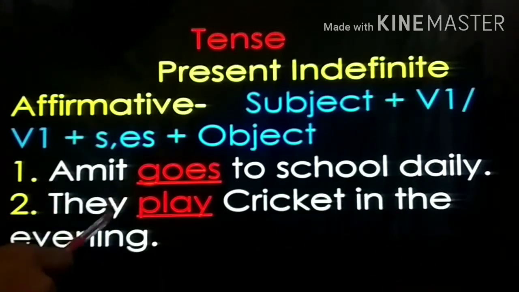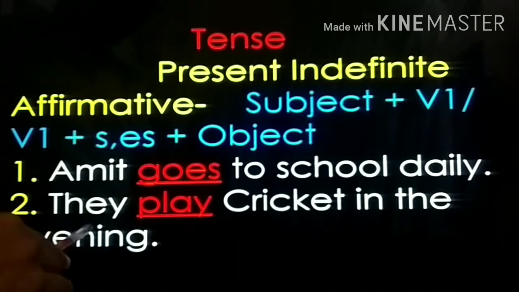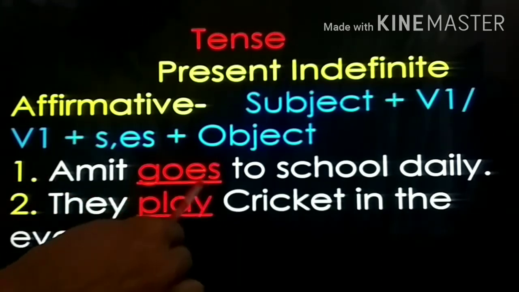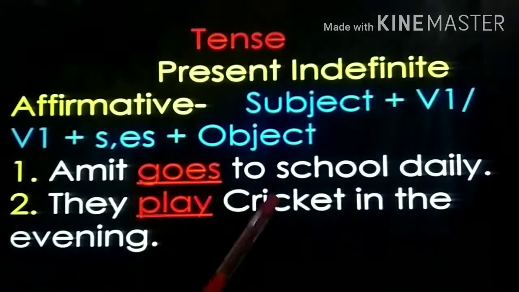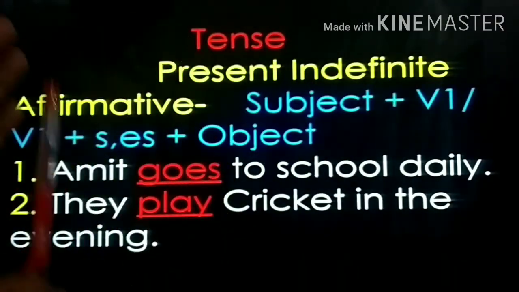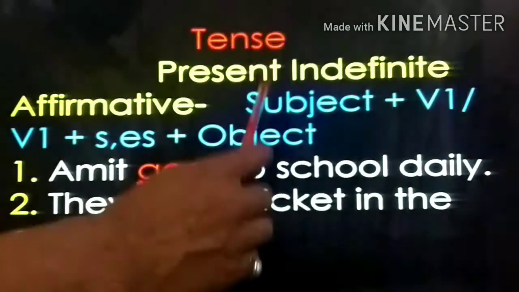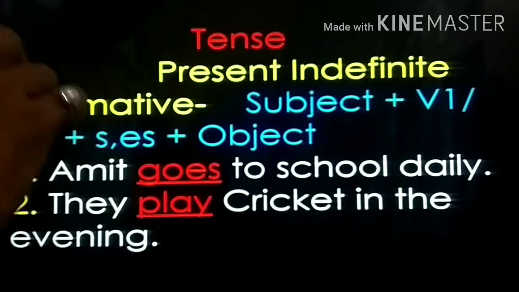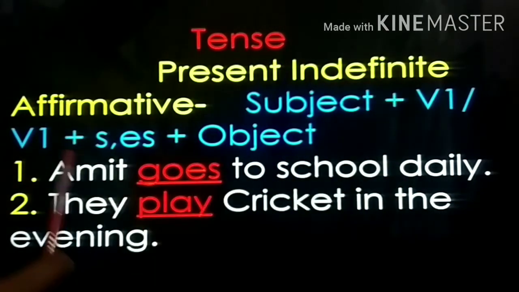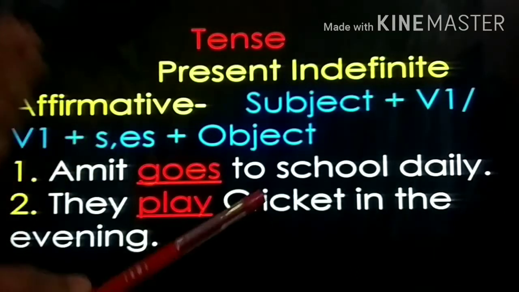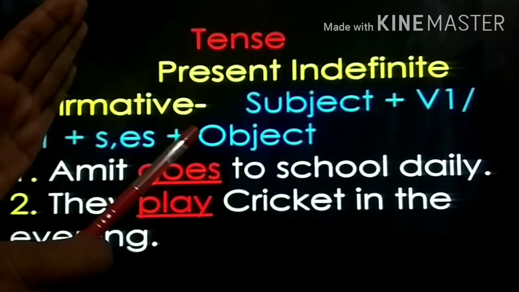They shows that the subject in this sentence is plural. So we are using only the first form of the verb according to the rule. So it is very clear that the affirmative rule is subject, first form plus S or ES, plus object. Amit goes to school daily. They play cricket in the evening. This is the affirmative sentence.